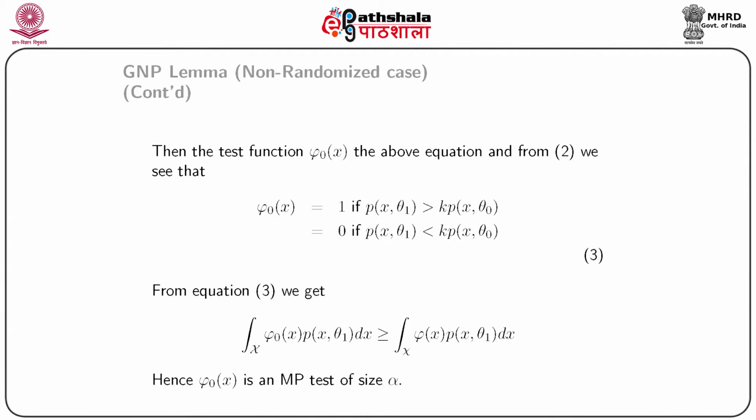Then from (2) we see that psi naught(x) equals 1 if p(x, theta 1) is greater than k p(x, theta naught), and equals 0 if p(x, theta 1) is less than k p(x, theta naught). From equation 3 we get the integral of psi naught(x) p(x, theta 1) dx is greater than or equal to the integral of psi(x) p(x, theta 1) dx, where psi naught(x) is an MP test, hence psi naught(x) is an MP test of size alpha.